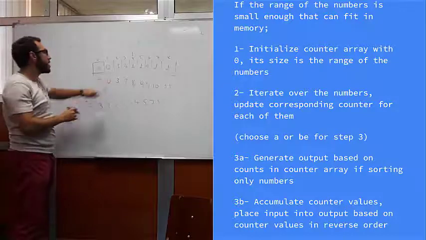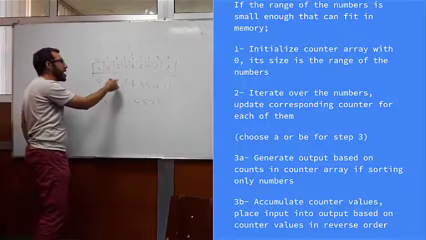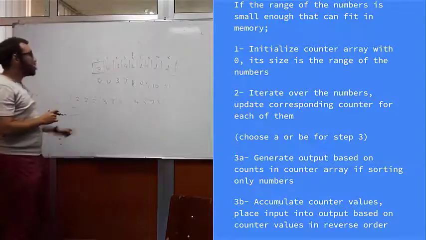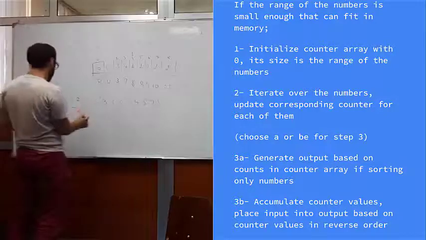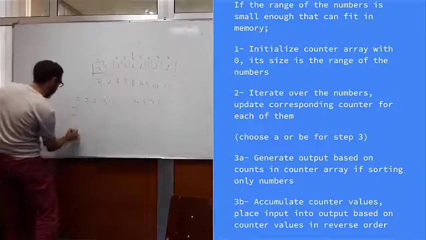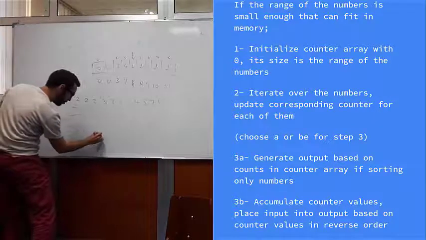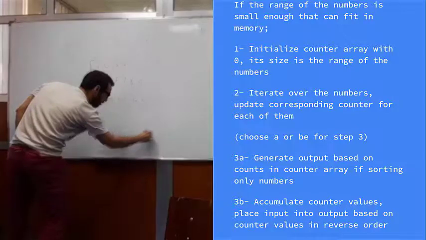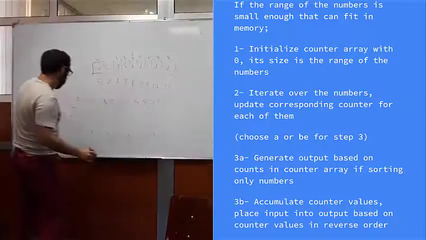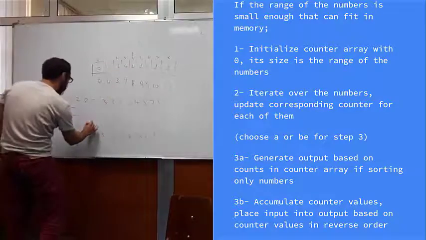And the accumulated array told us that 2's are ending at 3. So we place this 2 right before 3, which is 2. Let's put the indices over here. It's going to make our job easier. 6, 7, 8, 9, 10. So we place this 2 over here.